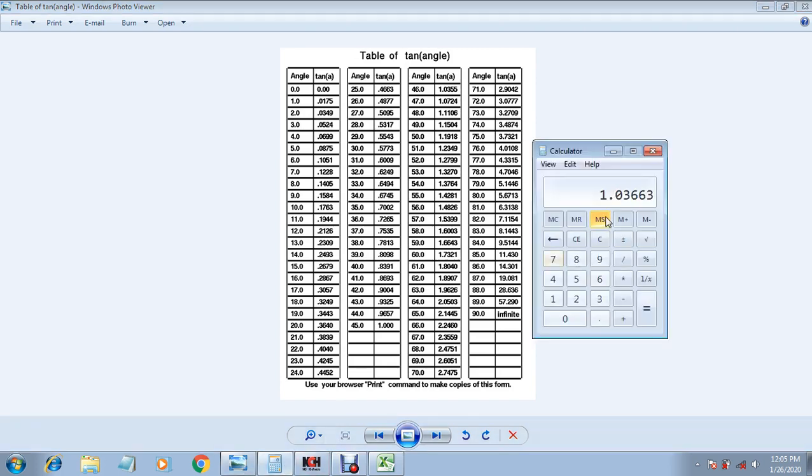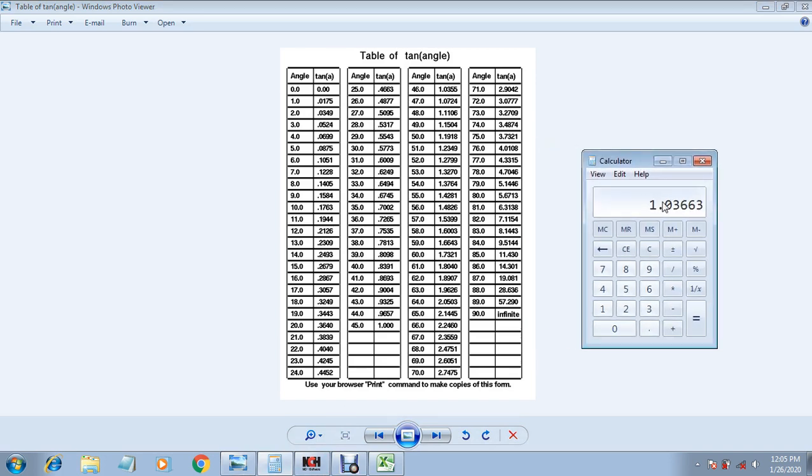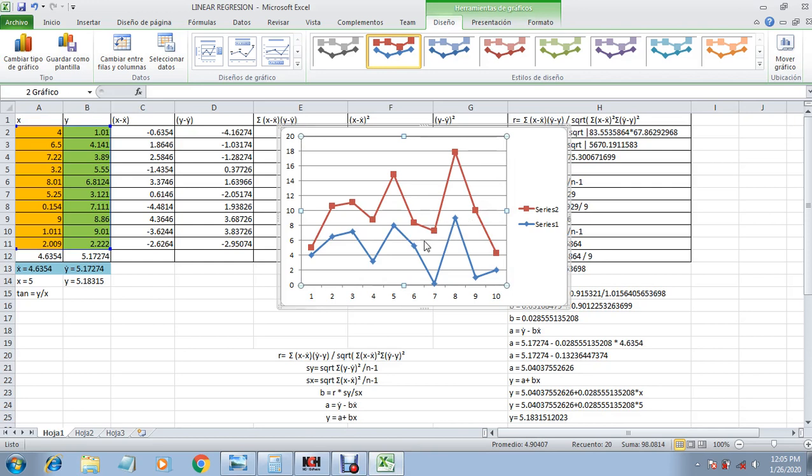In our value, that is 1.03, we search for this value in our chart to get the angle. It's about to be 47 degrees, 47 degrees in this part, 5 of x and 5 point some of y. We chart a line of 47 degrees that is to be in this position.